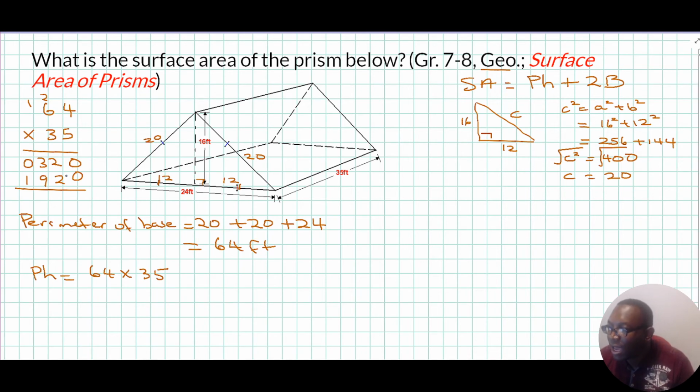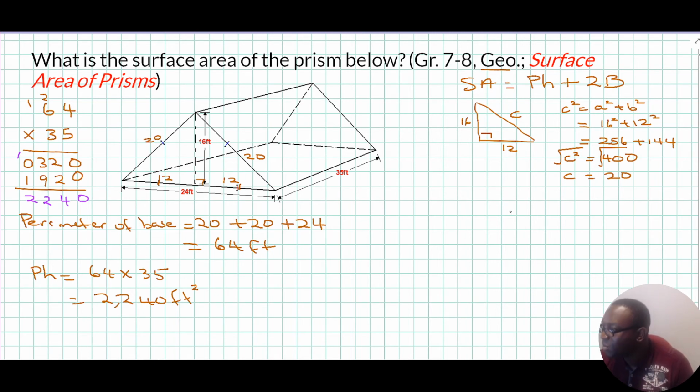Now 0 plus 0 is 0. 2 plus 2 is 4. 3 plus 9 is 12. I'm going to write 2 here and then bring 1 up here. 1 plus 1 is 2. So this is going to give me 2,240 square feet.